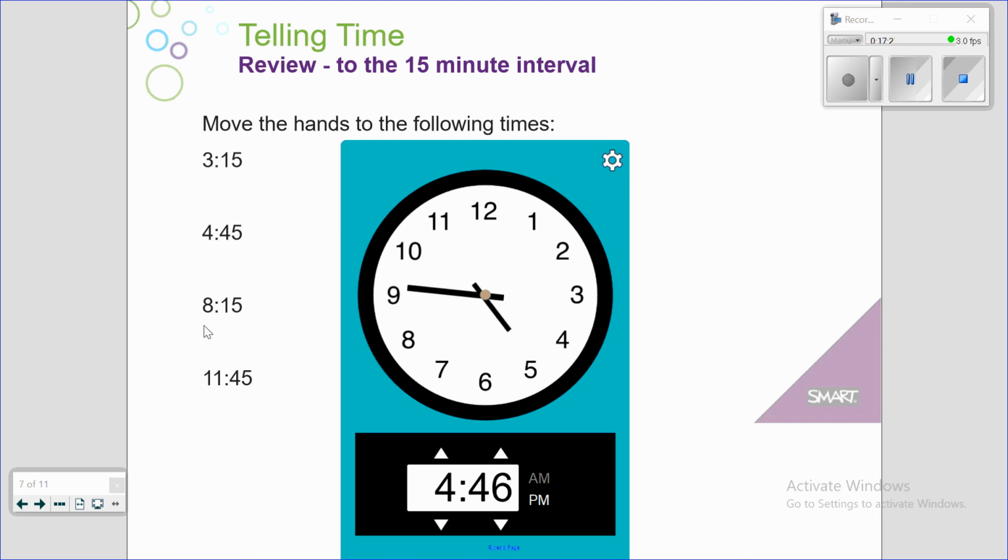Let's make another one. 8:15. I want to go to the 8 first, and I want 15. Yes, here is 8:15. Let's say 11:45. Yes, 45 is for 9. Perfect. Okay, and 11, it's up.